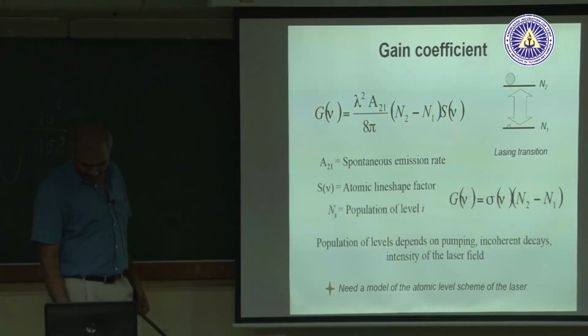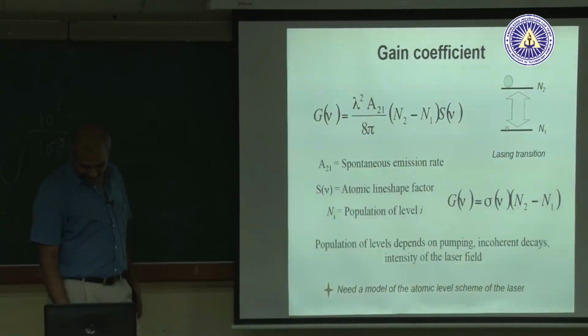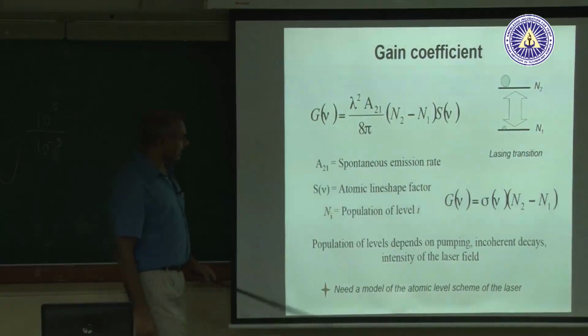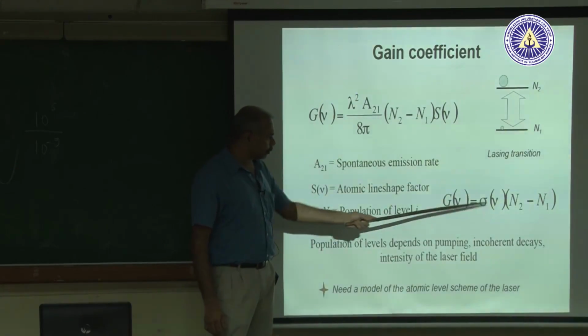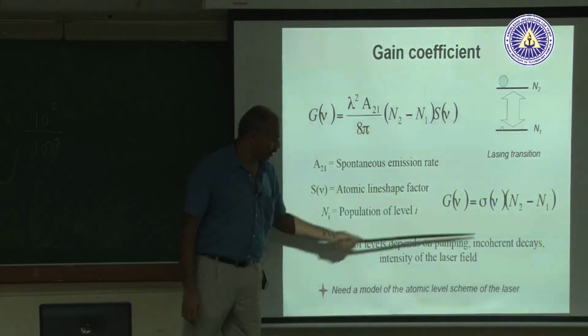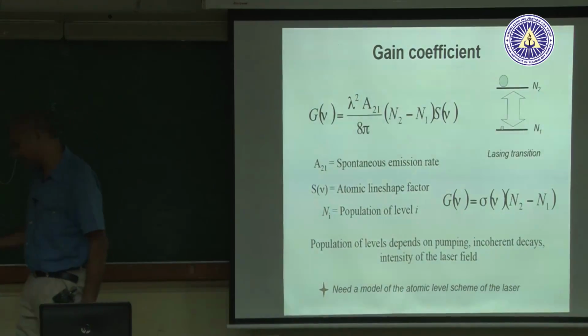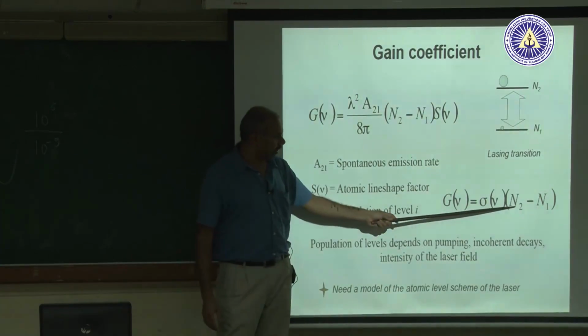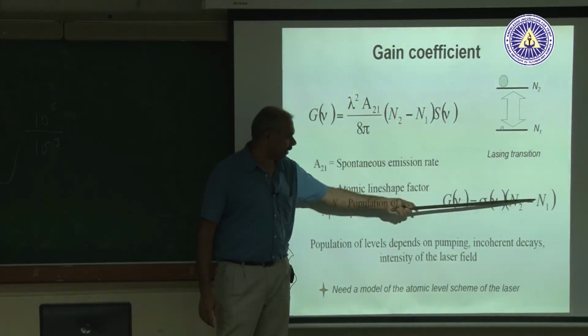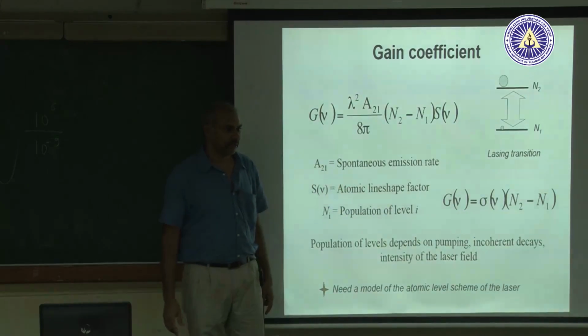So there is a little bit of equation, but the basic idea is this: I will get gain in my laser which is proportional to something called the absorption cross section, or scattering cross section, multiplied by the number of electrons in the excited state minus the number of electrons in the ground state.